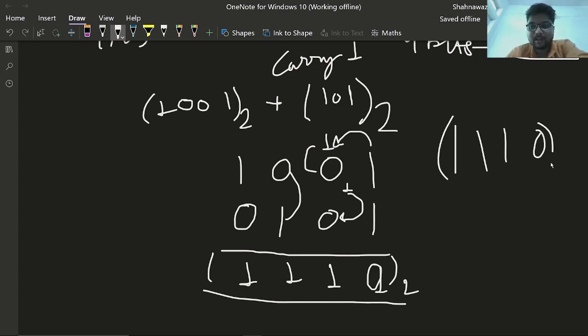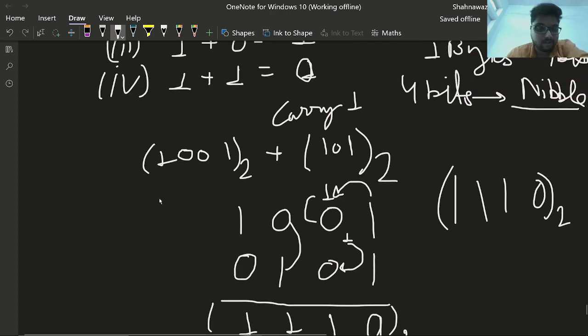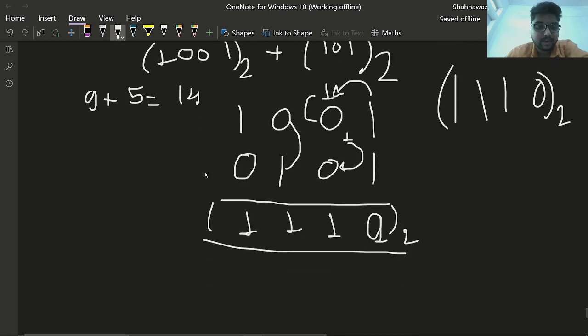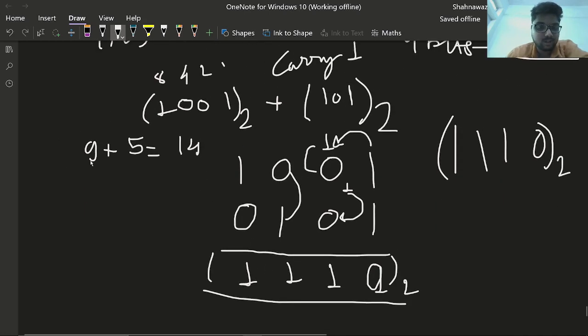Now let me tell you the way to verify it. Do you know how to convert this to an arithmetic number, and this also? So convert this to an arithmetic number. I guess it is 1, 2, 4, and 8. 8 plus 1, 9. When you add 9 and 101, that is 4 plus 1, that is 5, what will it give? It will give 14. And write the binary number for 14. What will you get?